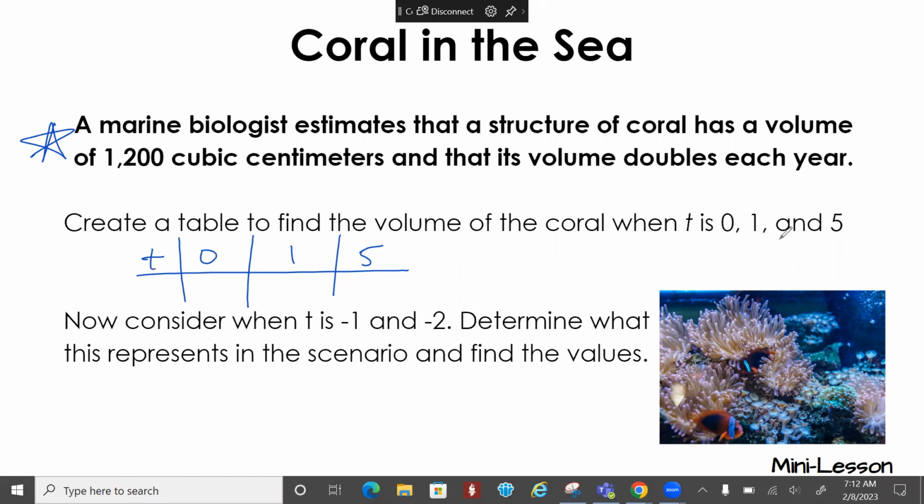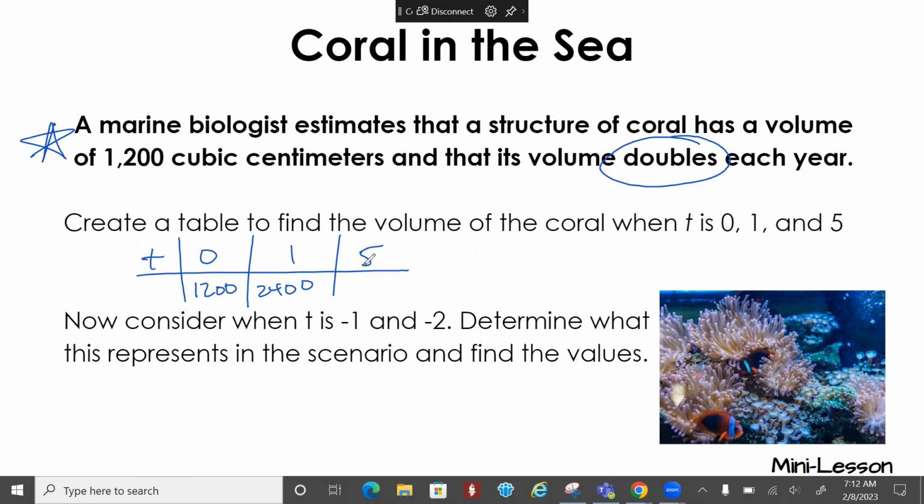Our starting amount. 1,200, right? Now, if we're going to double each year, what is double of 1,200? What's 12 times 2? 2,400, right? Okay, but now we want to get to year 5.